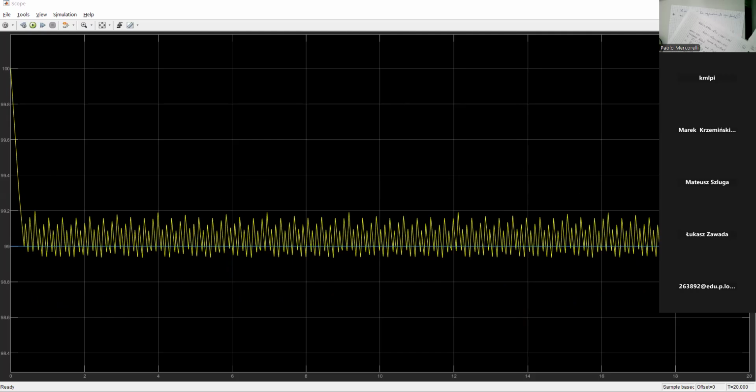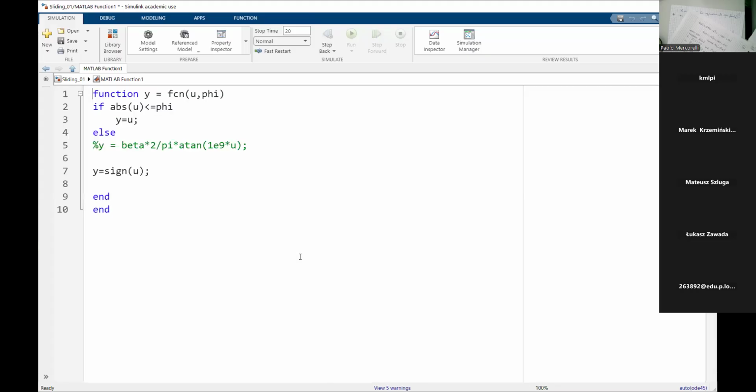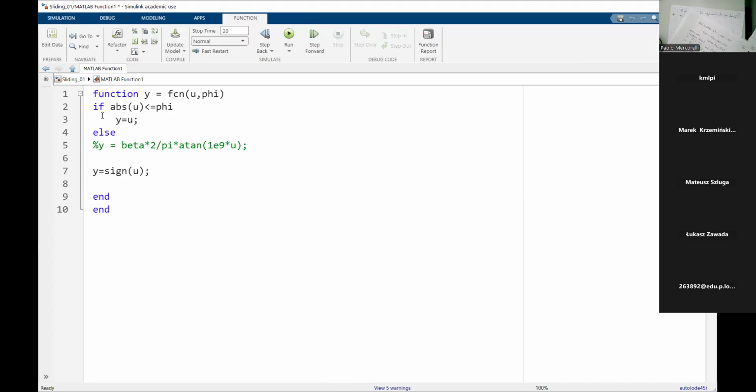Let me clarify what I intend. Here inside, for instance, I tested, to remember this. This was an approximation of the sgn as a saturation function.